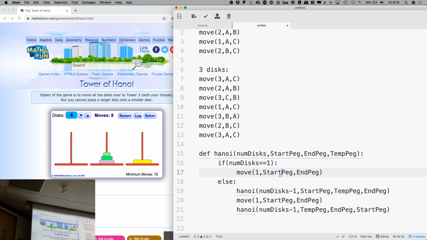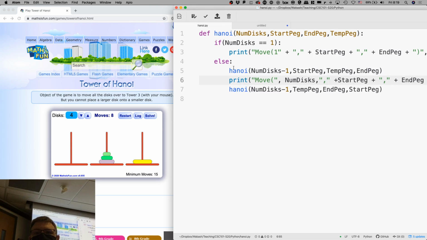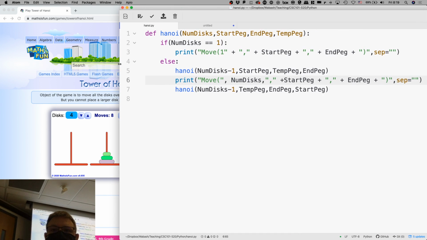All right, so let's take our set of instructions here, and I've got a separate version of this that's almost identical. The only difference is that I put in print statements so that it'll actually display the instructions for us. But other than that, it's structurally the same. That would be this one right here called Hanoi.py.